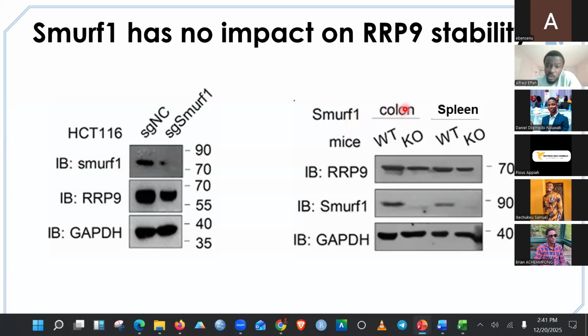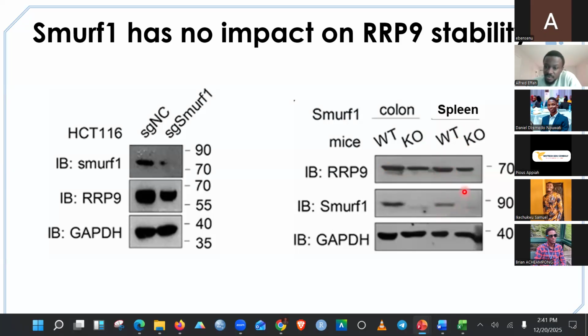So when they took the colon, those with SMURF1, the levels of RRP9 did not change. When you even delete SMURF1, the level is still the same. When you take spleen tissues, SMURF1 is present, RRP9 is present.